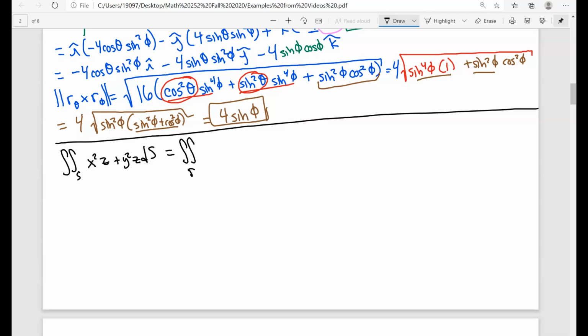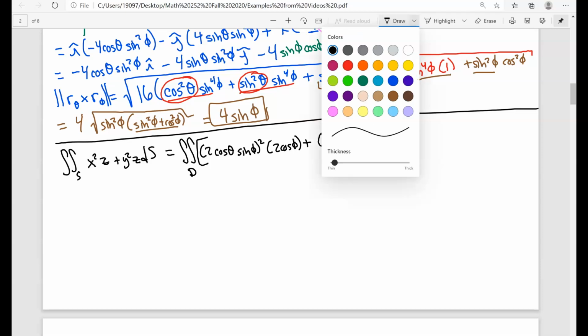So this is the double integral over the region D. x in this case is going to be 2 cosine theta sine phi, squared. z in this case is going to be equal to 2 cosine phi, plus y squared, which in this case is 2 sine theta sine phi. This whole thing is squared. And then z is going to be 2 cosine phi. So that's just me plugging it into my function.